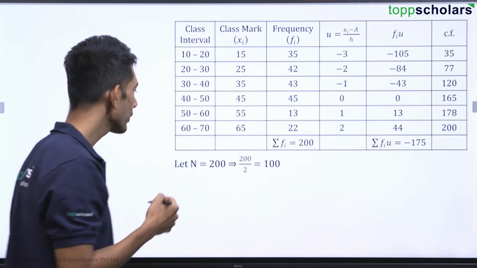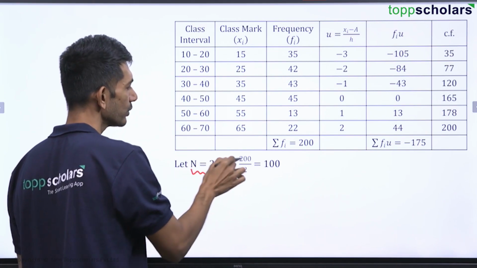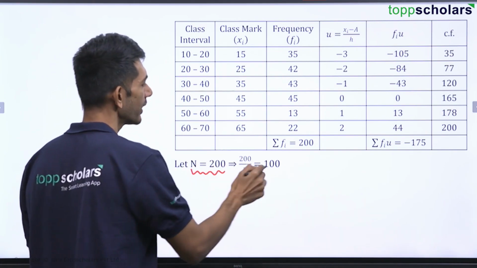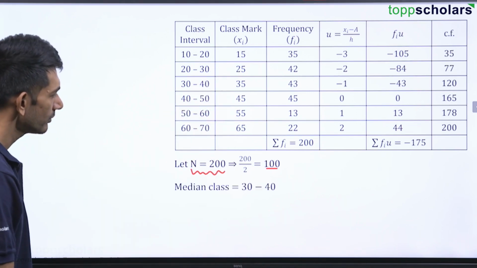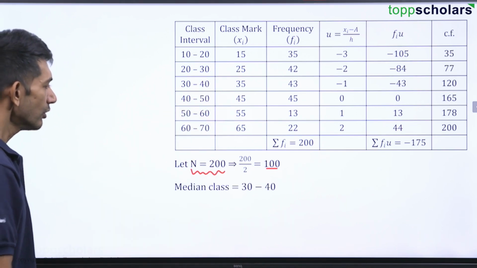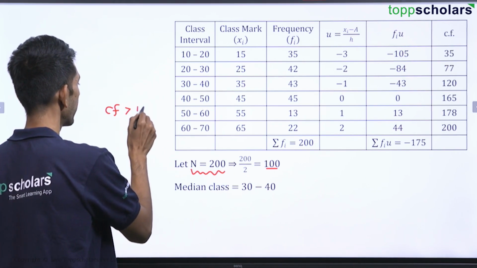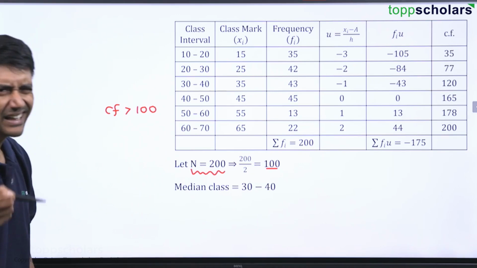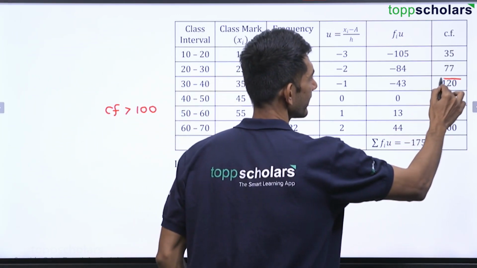So what is n by 2? N is 200. N by 2 is 200 by 2, which is 100. Now check for 100 in the CF column. Check for CF greater than 100, slightly greater than 100. That is 120.